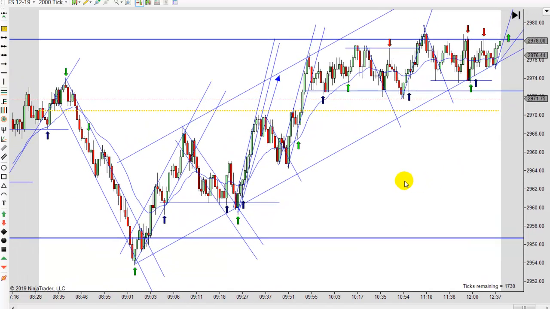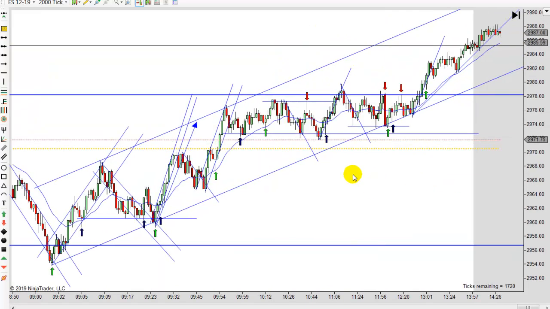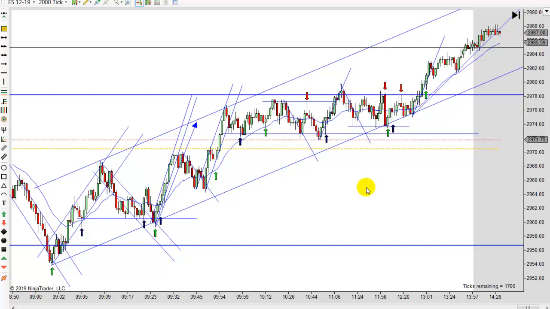So this resistance was tough to get through, but you notice how a lot of people say that this is a wedge. It looks like a wedge, but what causes that is you've got strong resistance, but you also have a trend line, and the trend line's holding, but you can't get through the resistance, so it forms into a little pennant or a wedge or whatever you want to call it.